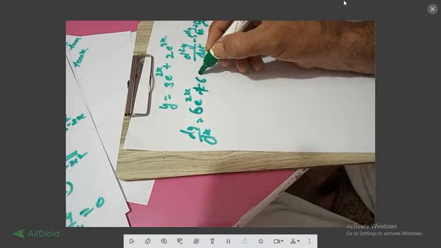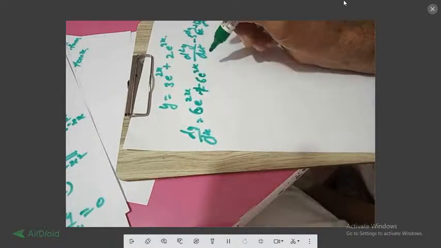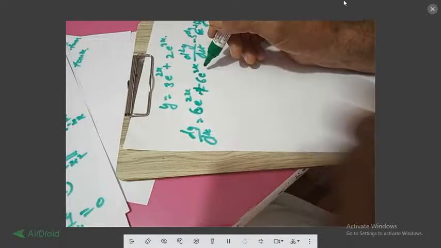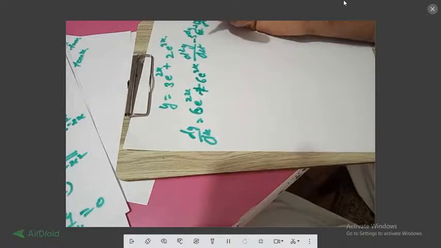This became e to power y is equal to 3x. Separate under root; if y became 6 e to power, multiply by 1 by under root 1 minus x. Secondly, we find the differentiation, and second time dy by dx, d2y by dx.